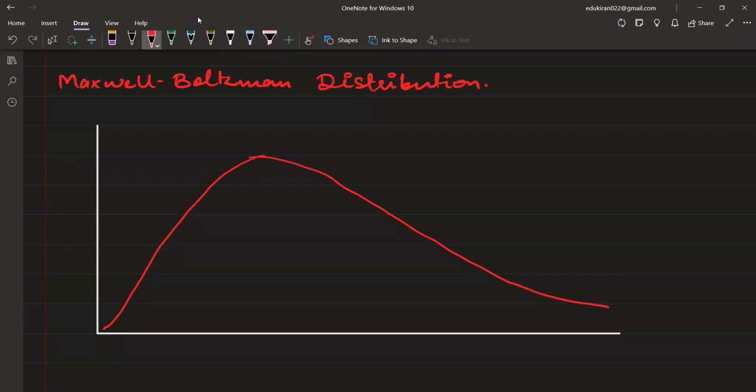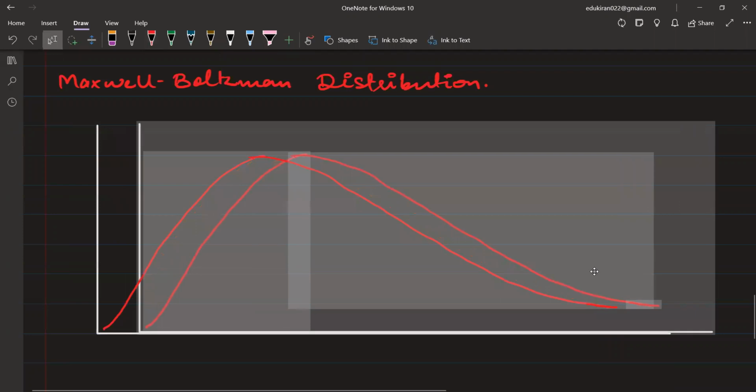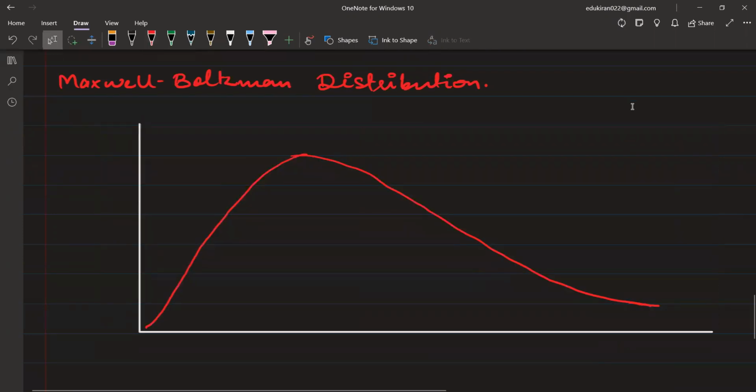That's fine. Okay. So here we can say that we have the fraction of molecules, or the number of molecules.